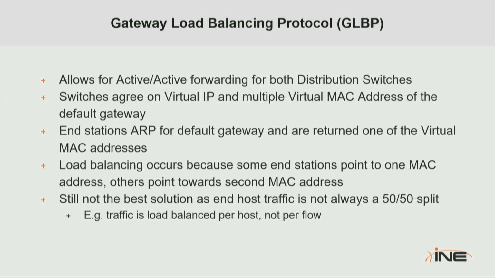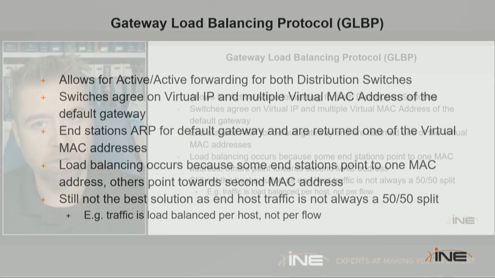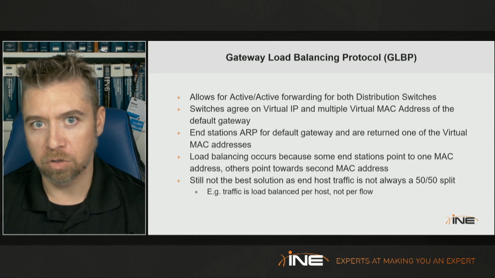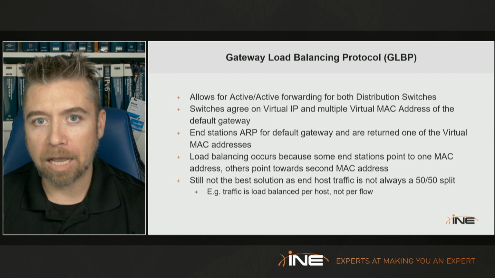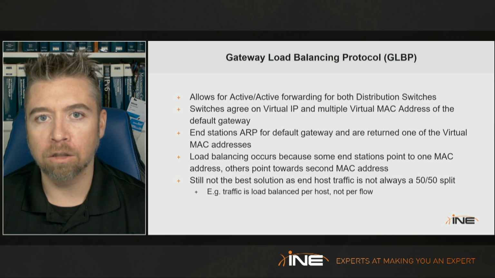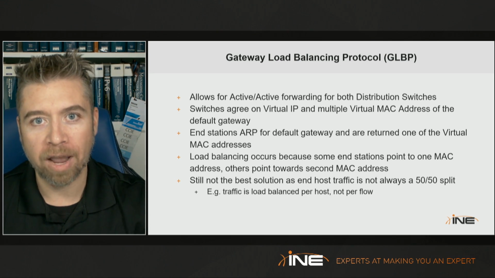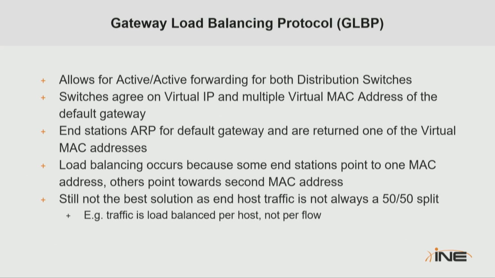Load balancing occurs because some end stations point to one MAC address, which relates to one of the distribution switches, and others point to a second MAC address, which points to the second distribution switch. It's still not the greatest solution because, again, we don't have a 50-50 split in the load between the individual host traffic, and we're not load balancing per flow. We only are load balancing per host.